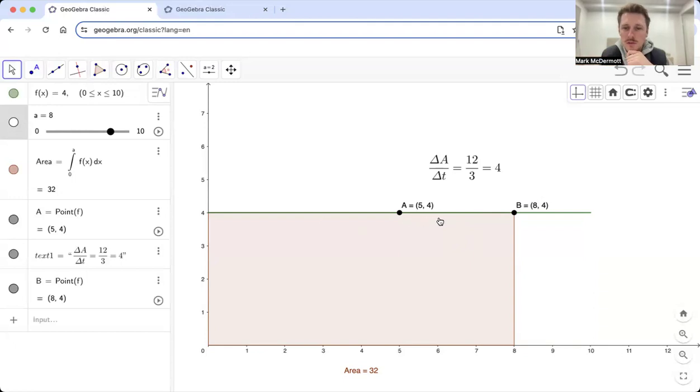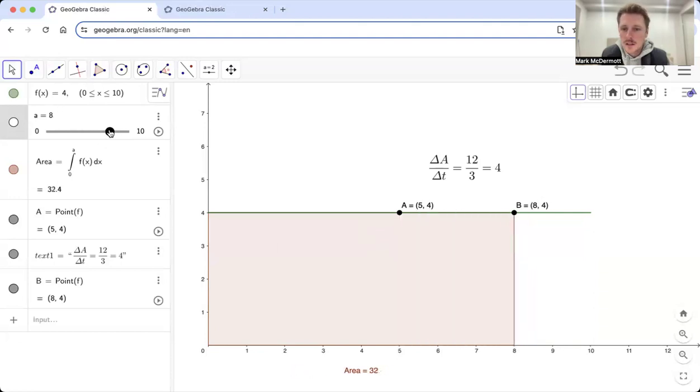Because we've got a nice simple function, you can think of the area being filled up at a constant rate. So what's interesting is, at any point, say at this point here, the rate at which the area is changing is equal to the value of the function at that point, which happens to be 4.